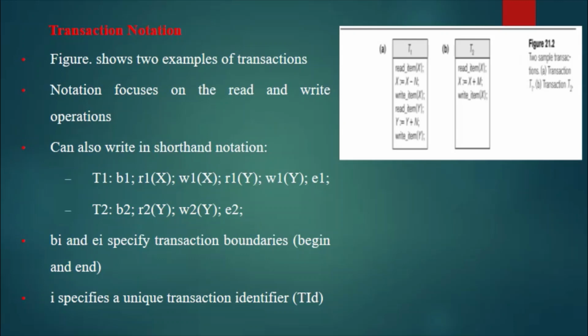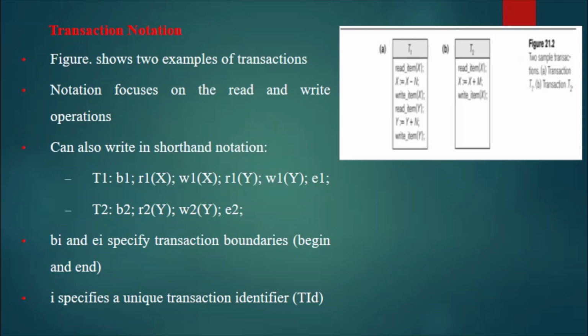So B1 is the begin of the transaction, then R1 of X reads the item X, and W1 of X writes the item X. Similarly, R1 of Y reads the item Y from the database, and W1 of Y writes the item into the database, and then E1 ends the transaction.